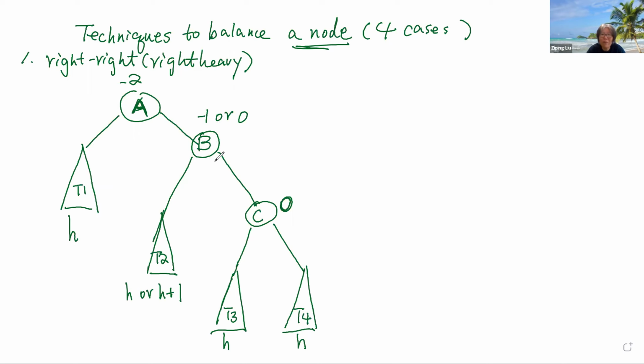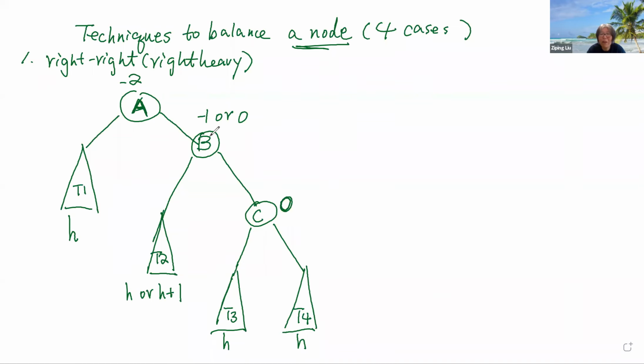Node B has its subtree called T2, and we also gave the height, and it's also balanced. Node C has 2 subtrees, and both are balanced. Both have a height h, so for node C its height is h plus 1 on both left and right, so its balance factor is 0.